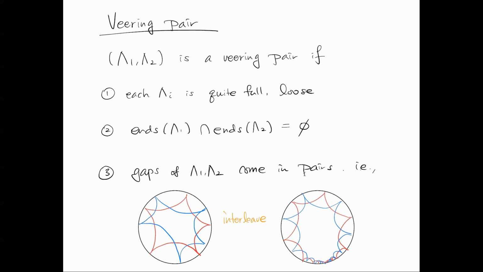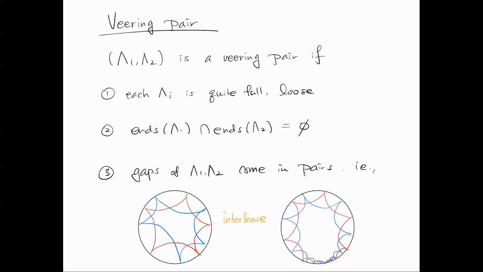If the blue gap was an ideal polygon, then the red gap should also be an ideal polygon with the same number of vertices, and the vertices appear in an alternating way on the circle. If the blue one was a crown, then the red one is also a crown. Again, the vertices should appear in an alternating way on the circle, and they necessarily have the same pivot point. If that always happens, then we say the gaps of lambda 1 come in pairs, also sometimes called interleaving: the two gaps interleave. If these conditions are satisfied, this pair of laminations is a veering pair.